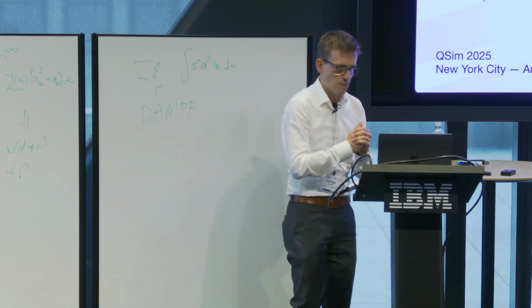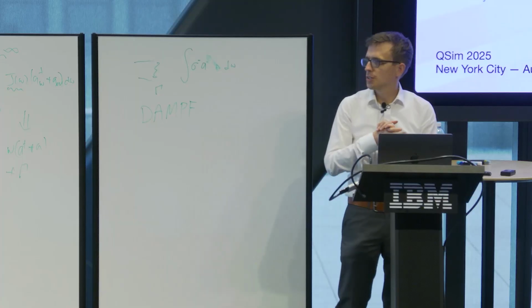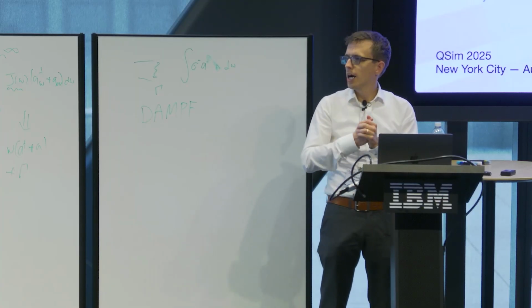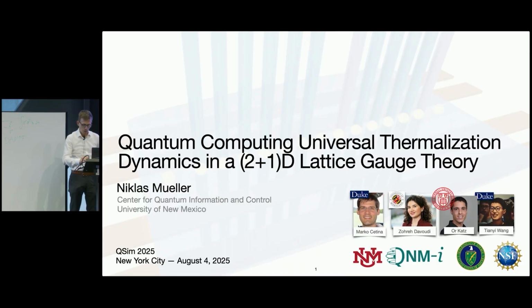So that gives me some hope that perhaps there are more applications that could be useful to understand the way forward, how we can make these quantum computers solve useful problems.